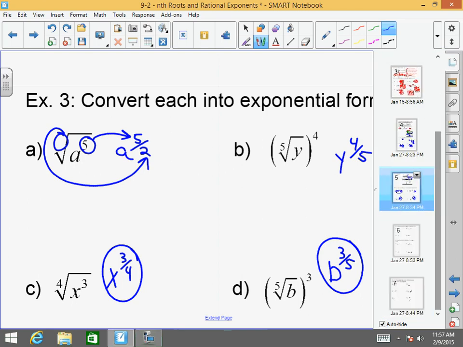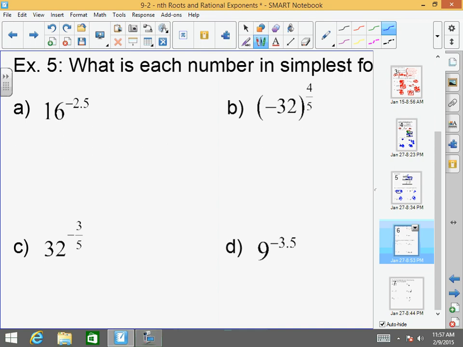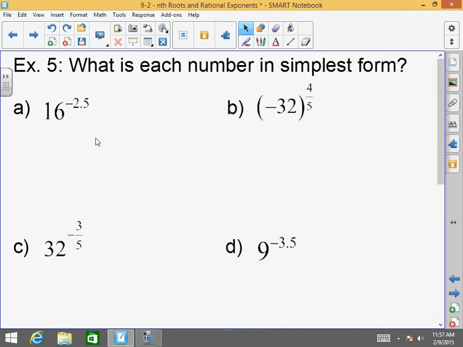Almost done, guys. Next, let's go ahead and find out what each number is in simplest form. This is 16 to the negative 5/2, pay attention.